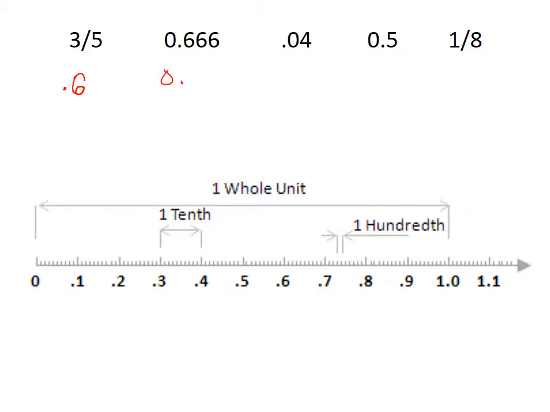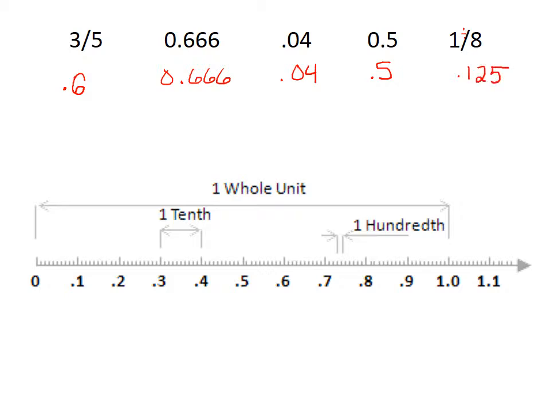This one is already in decimal form, 0.666, 0.04, 0.5, and again, type that into a calculator, 1 divided by 8, because the fraction bar means divide. Okay, remember that, 1 divided by 8, and you'll get 0.125.